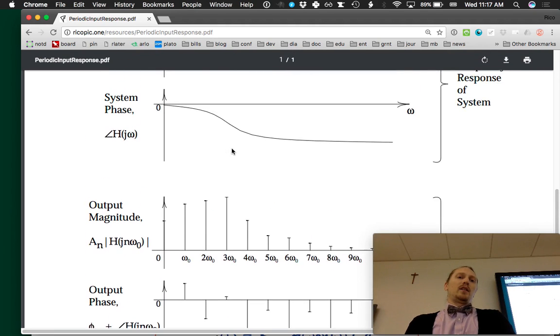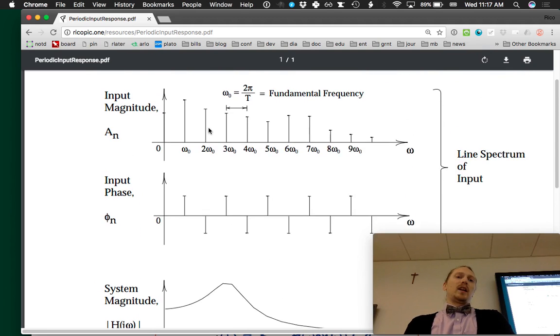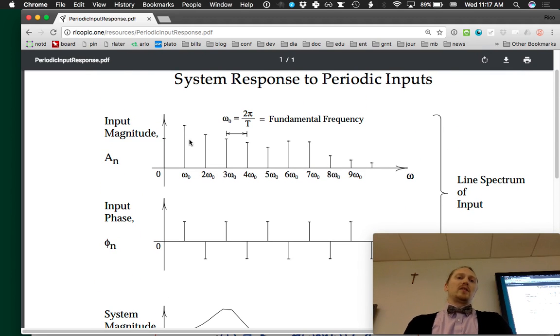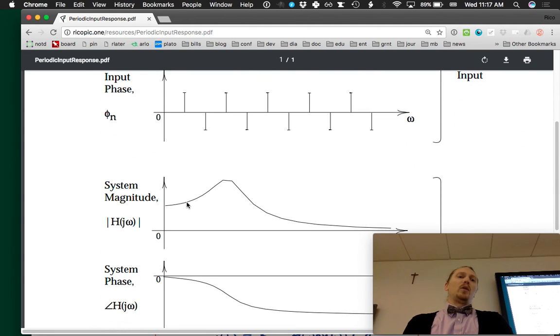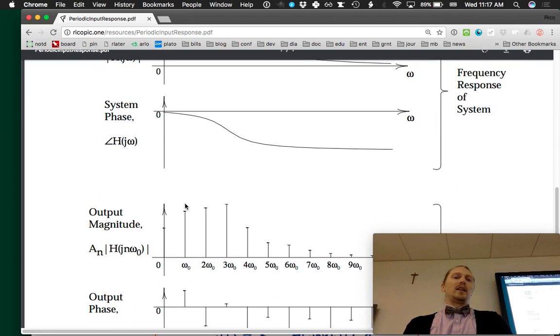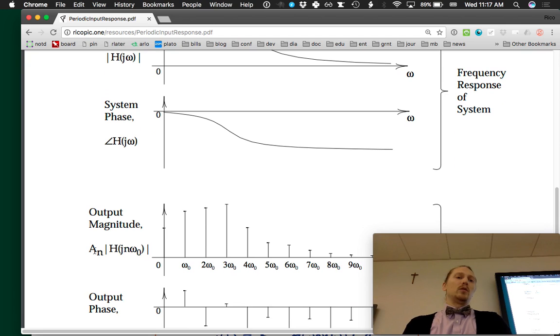So if we took an input magnitude at omega naught, we would multiply that by the magnitude of the frequency response function and get out a new magnitude of the output at that frequency. So that would be that point.